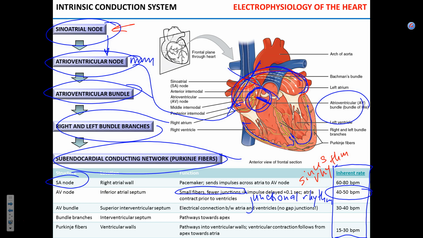Now, what if both the SA and AV nodes, or the AV node, are totally blocked? Is the conduction going to stop? Not really, no. Remember, all those are pacemaker cells. Depending on the depth of the damage to your AV bundles, Purkinje fibers will take over.